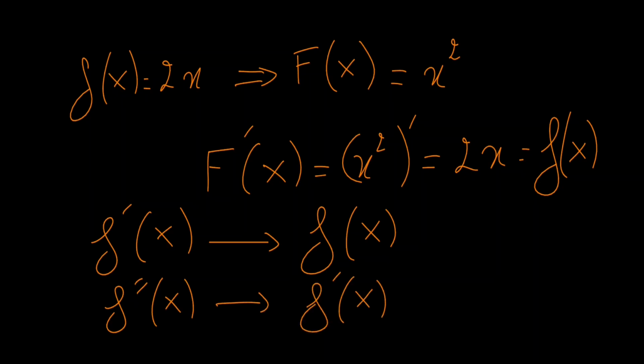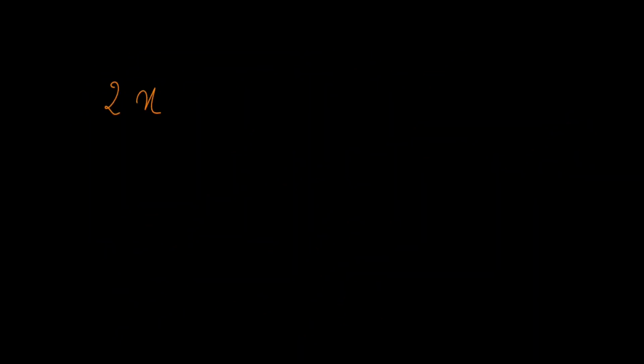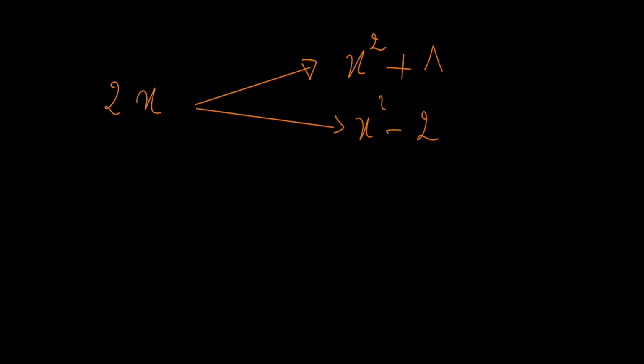Here, we have to know that if we take the same example, this function has many primitives. For example, x squared plus 1, x squared minus 2, x squared plus pi, etc. With this idea, we can learn what an indefinite integral is.